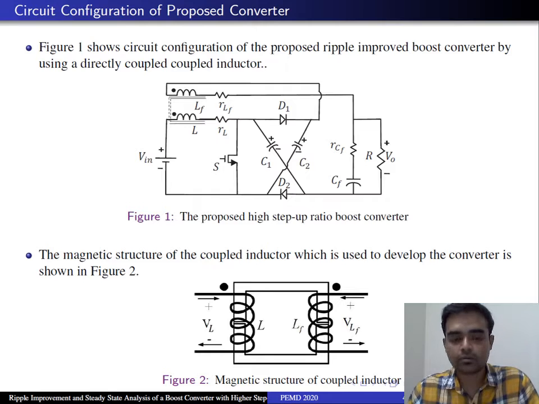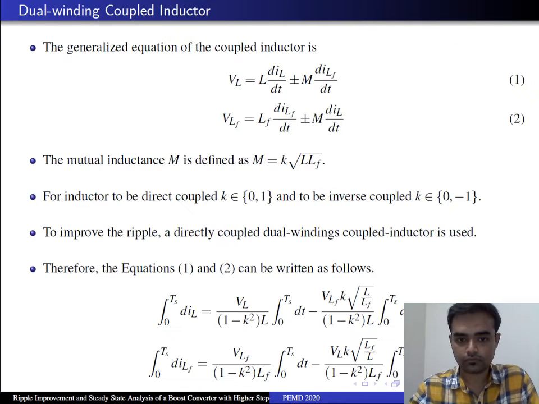The main objective of the coupled inductor is to reduce the ripple in inductor current as well as in output voltage, but the diode capacitor cell is modifying the voltage conversion ratio of the proposed converter. So here it comes, the generalized equation of the dual winding coupled inductor, and you can see that we have designed the coupled inductor in a directly coupled fashion.